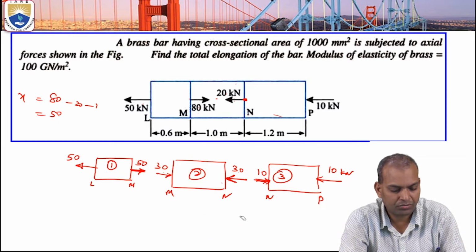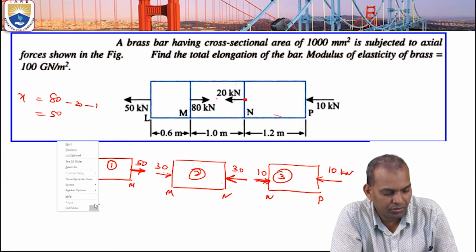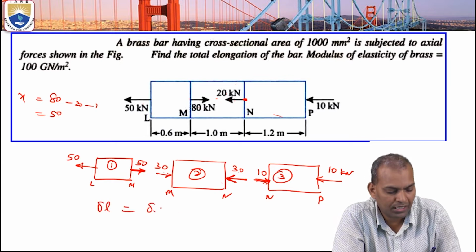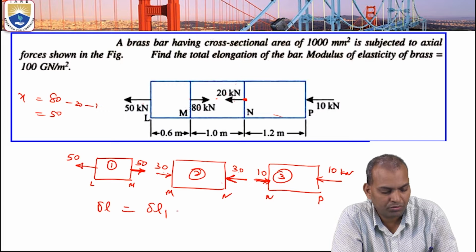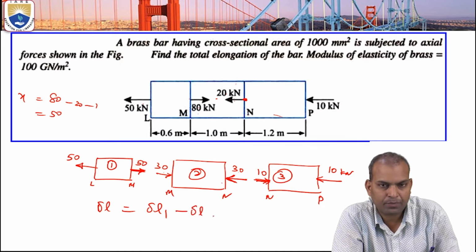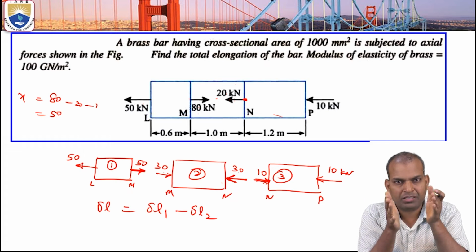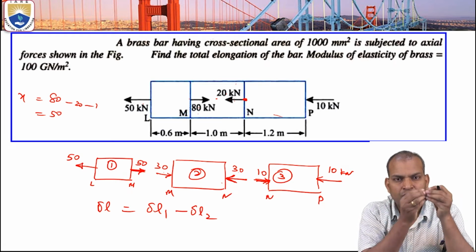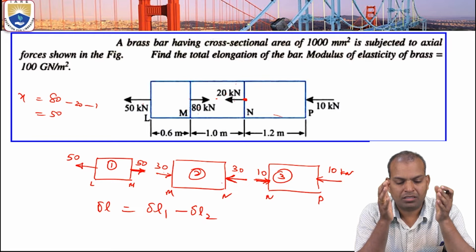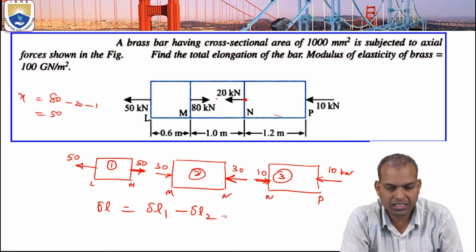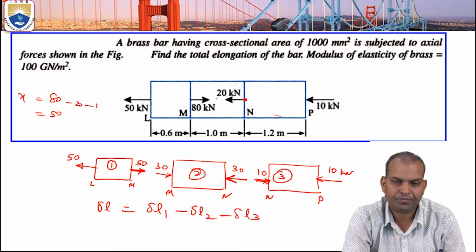Delta L equals delta L1, which is tensile, positive. Delta L2 is compression, that is negative deformation, a decrement. In section 1, tensile load, increment in deformation. In section 2 it is a decrement. And again section 3 is compression, delta L3.